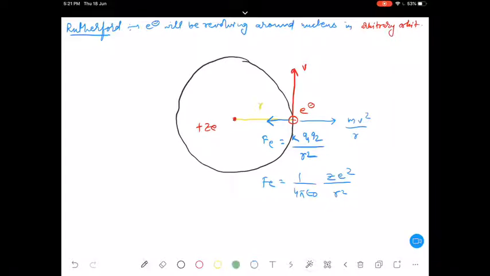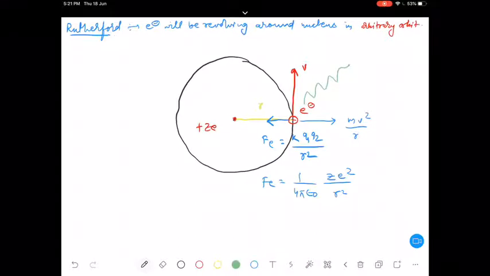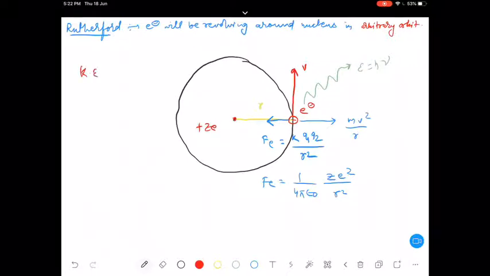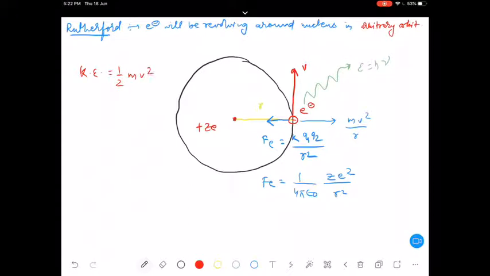Now according to Planck's theory, we say that this accelerating charge will radiate, it will emit energy in the form of radiation. Is that correct? Now this electron, when it was moving, had some kinetic energy, which I can write as half mv square.